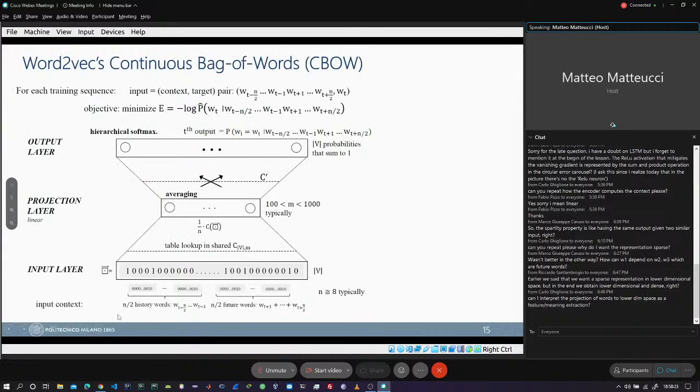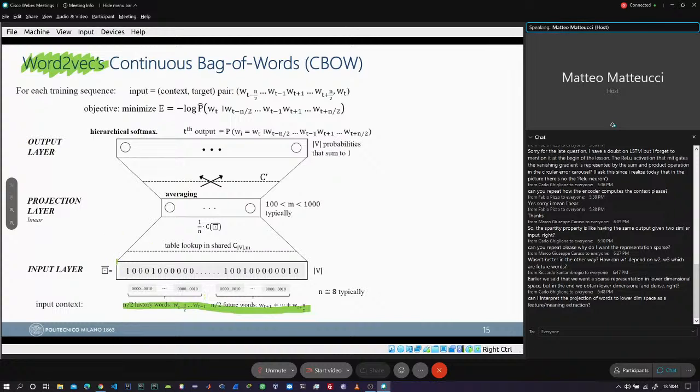So the final model is this, which goes under the term of word2vec, or continuous bag of words. And what it does, it takes n/2 words before and n/2 words after.